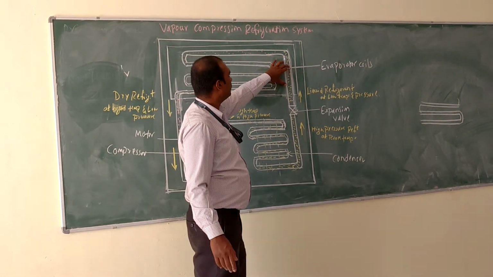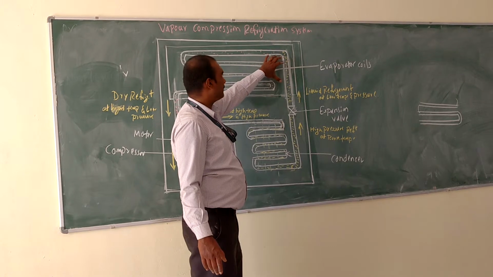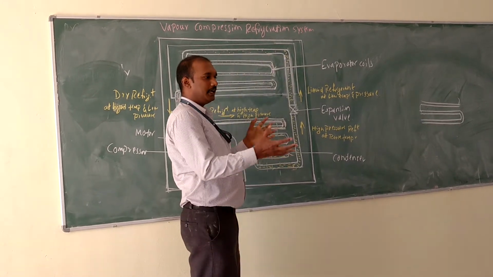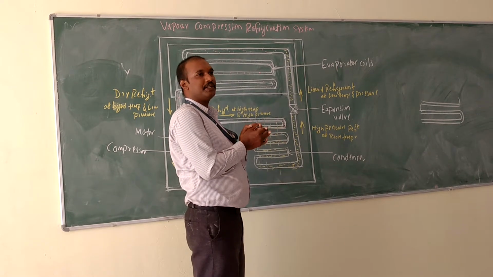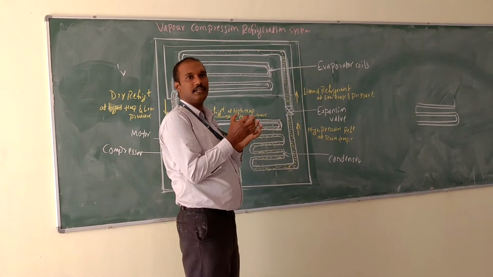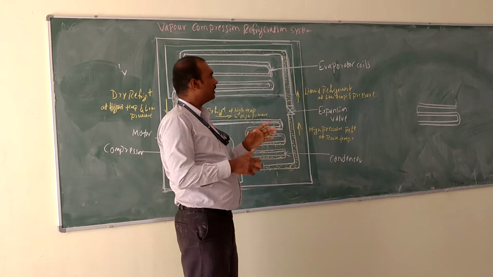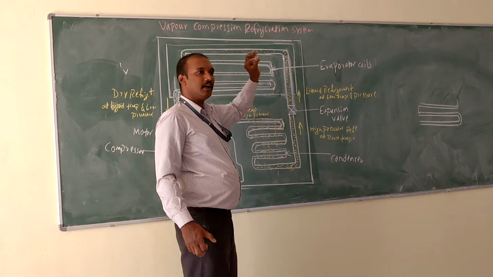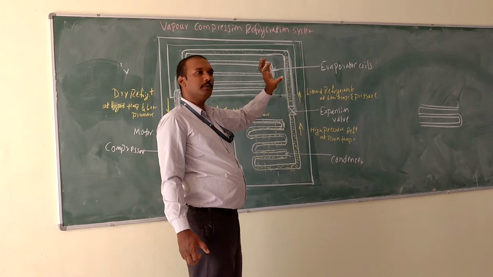When this low pressure, low temperature liquid refrigerant passes through the evaporator coil, it absorbs the heat from the refrigerator space. When it absorbs the heat, the temperature of the refrigerant becomes high.